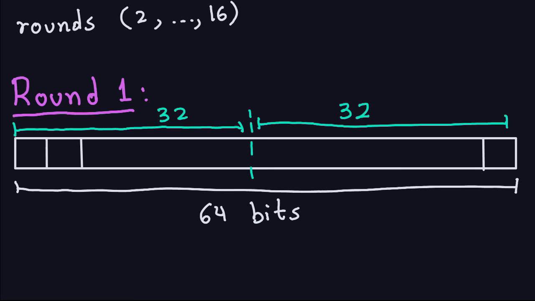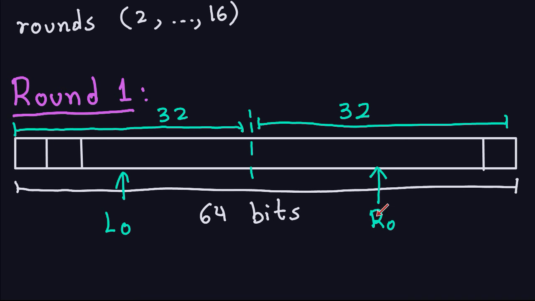This block of 32 bits, the left-hand side of round 1, I'm going to call L0. And this 32-bit side here I'm going to call R0, to indicate that it's the right-hand side. So L0, as I mentioned, represents this 32-bit block here.